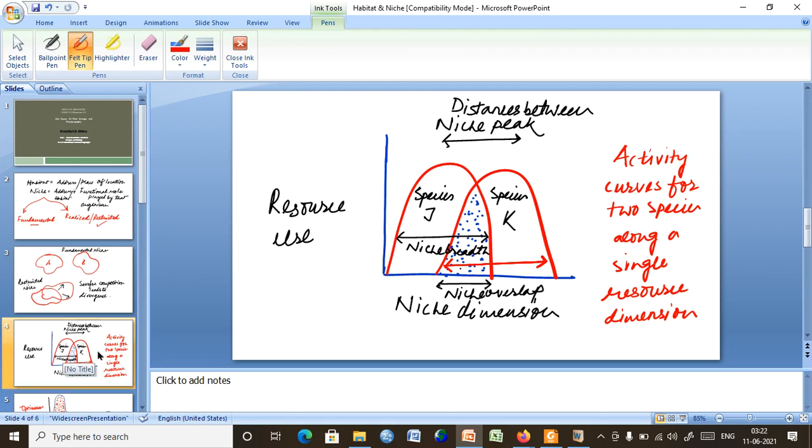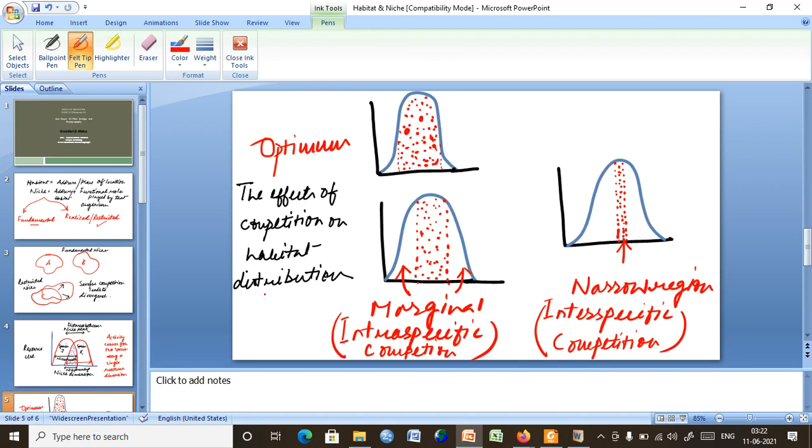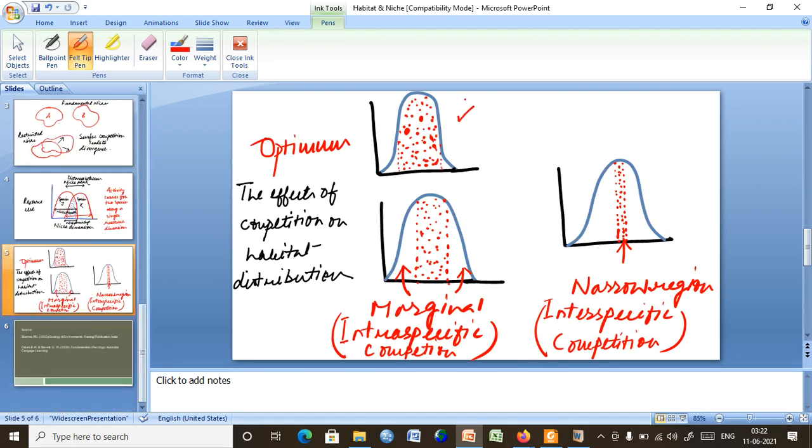Now we can explain this interaction depending on whether it is intraspecific interaction or interspecific interaction. Okay, so this is the optimum condition. And this is the condition when there is intraspecific competition.